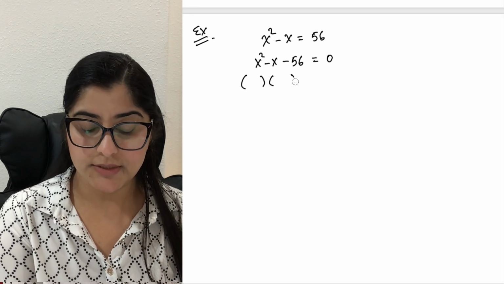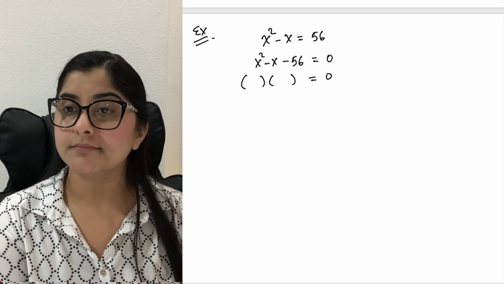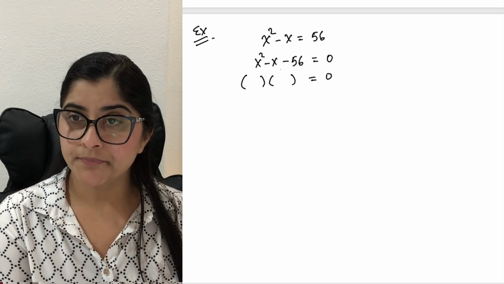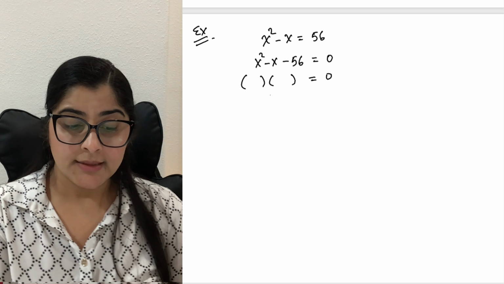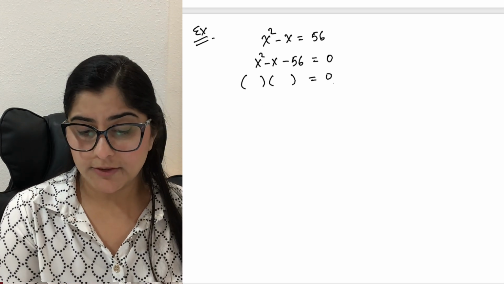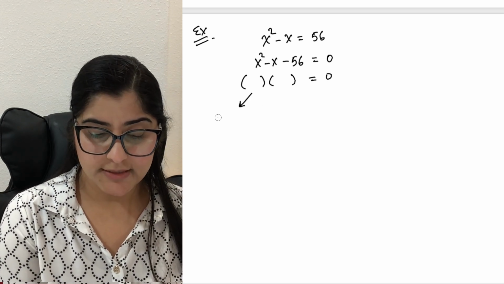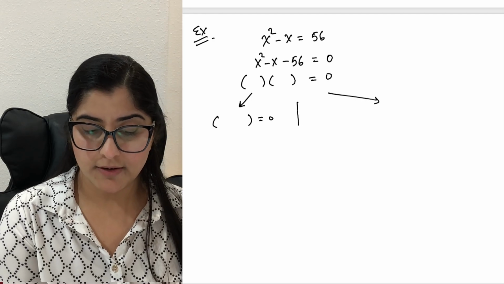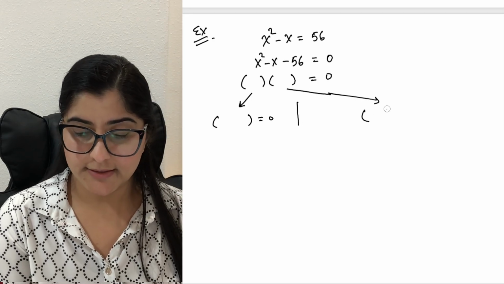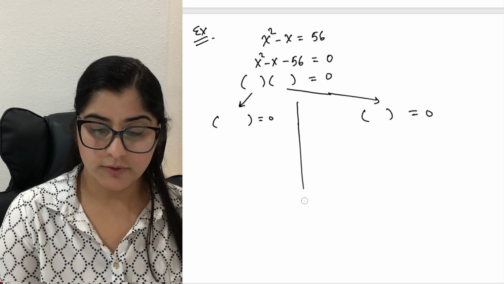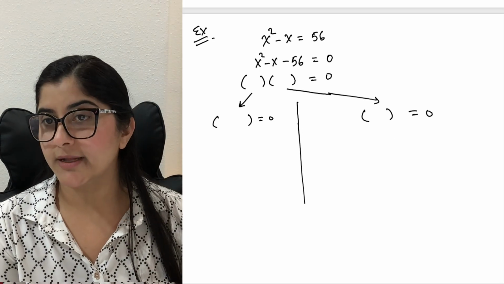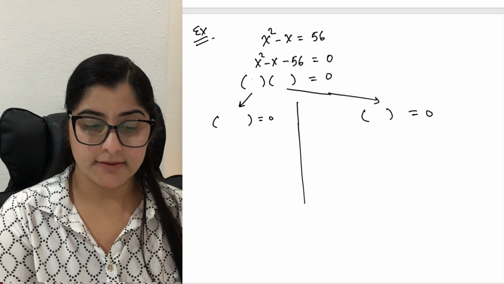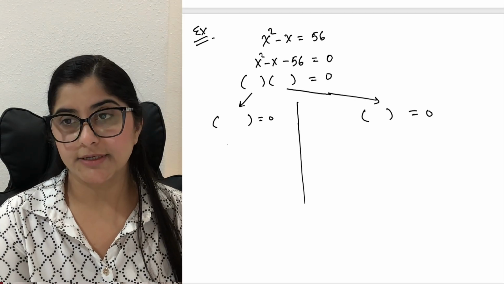Now we will use the diamond and box method and find the factors of this quadratic equation, and then the product of two factors is 0. So the zero factor property says either the first factor is 0 or the second factor is 0, and then we will solve both factors and find the x values. Please pause this video and find the factors of this quadratic equation.